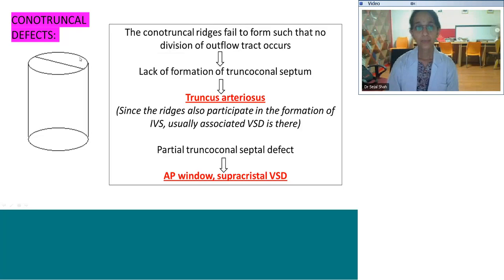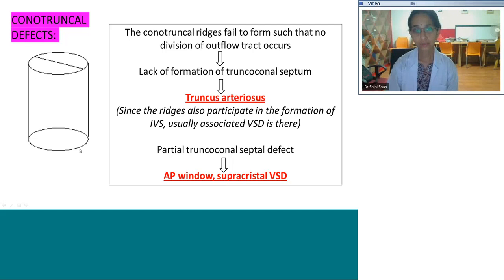So the first defect we are going to see is a situation where you have a conotruncal ridge which fails to form, because of which there is no division of the outflow tract. That means that you do not have a truncal septum, and commonly you do not have a conal septum.